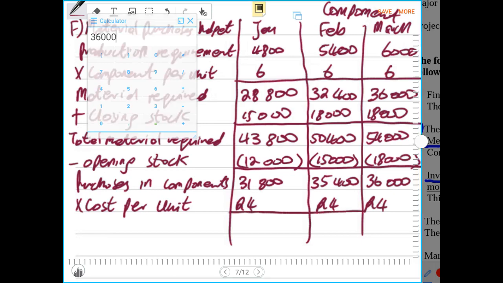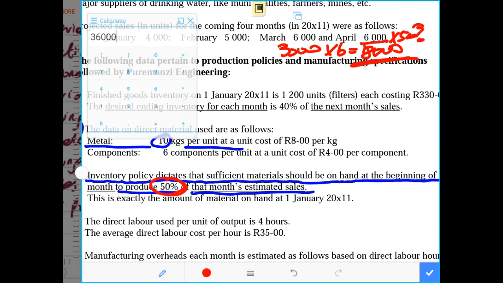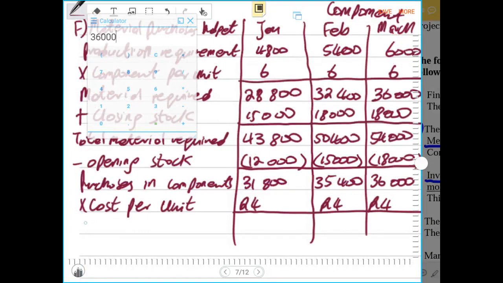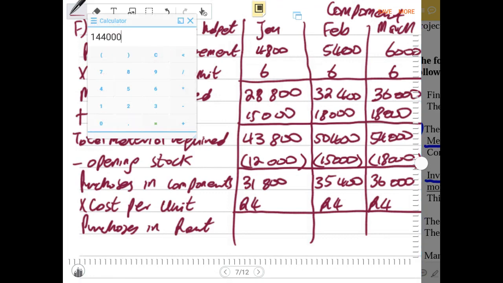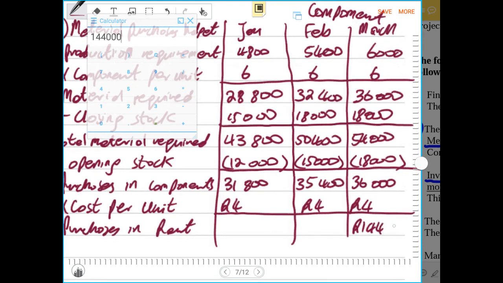Now we can multiply by the component cost per unit, which is 4 rand. Therefore we multiply with that, and then we get the total of the purchases in rand. So it will be 36,000 times 4, which gives us 144,000.